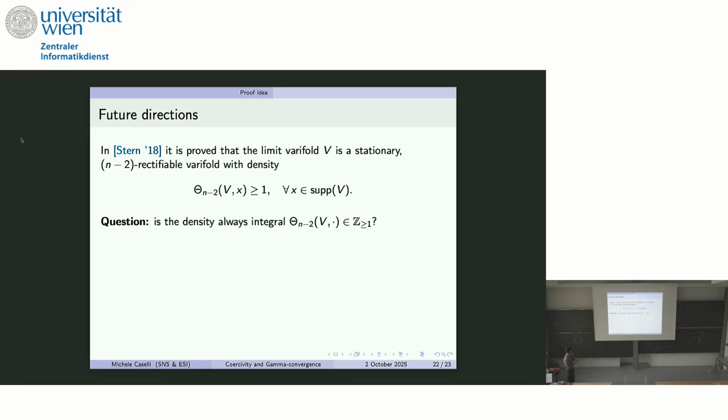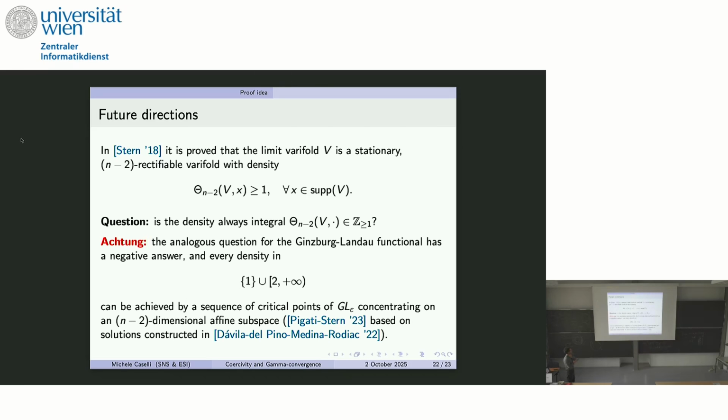And actually, don't be fooled by the codimension 1 case, because for the Ginzburg-Landau functional, in a recent paper by Alessandro Pigati and Daniel Stern, they prove that for the Ginzburg-Landau functional, this is not the case. So the limit varifold can have density that is almost arbitrary. It's quantized just between 1 and 2. If you are less than or between 1 and 2, you are 1.